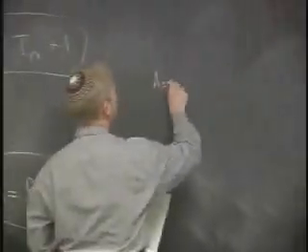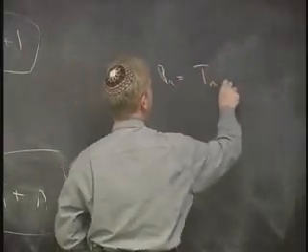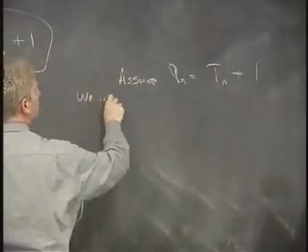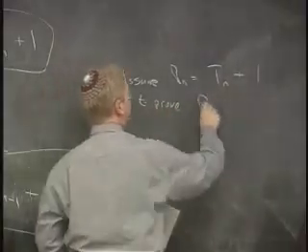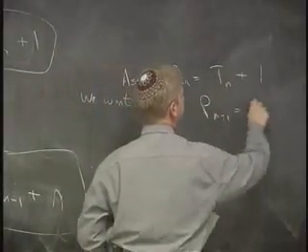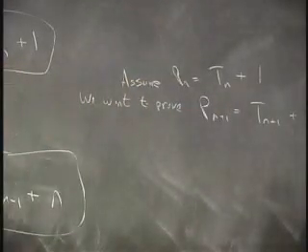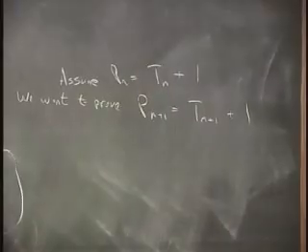We'll assume that P of n equals T of n plus 1. We want to prove that the next case is true, that P of n plus 1 equals T of n plus 1 plus 1. We want to go from here to here.